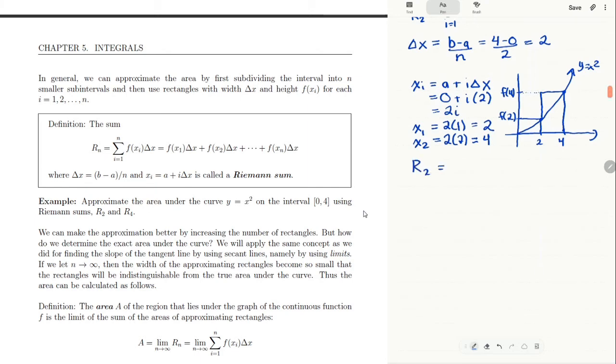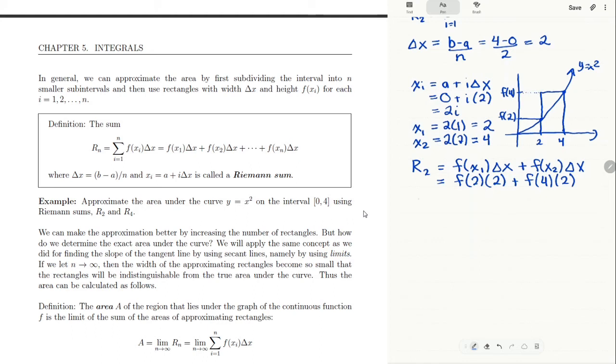So now we can calculate the approximation of the area. R2 is f of x1 times delta x plus f of x2 times delta x. We know that x1 is equal to 2, delta x is also 2, and f of x2 is f of 4, and delta x is 2.